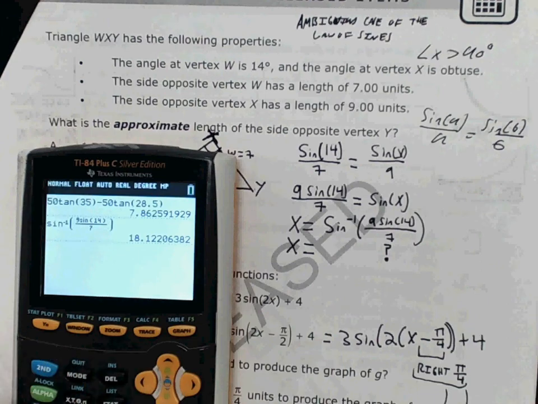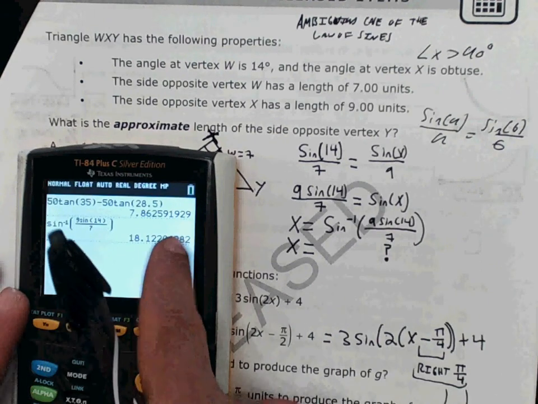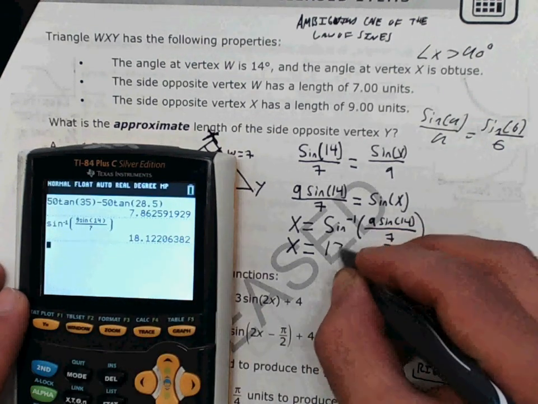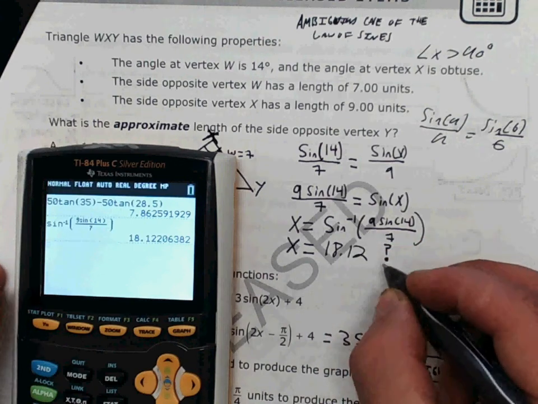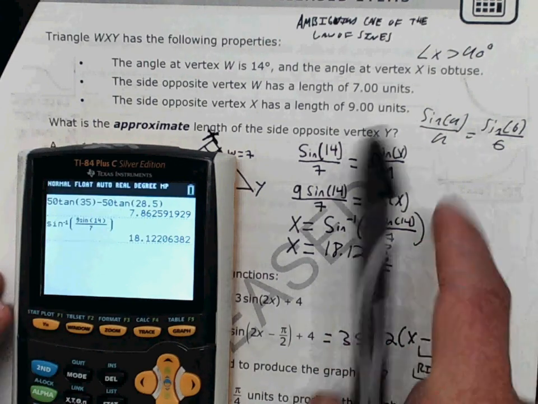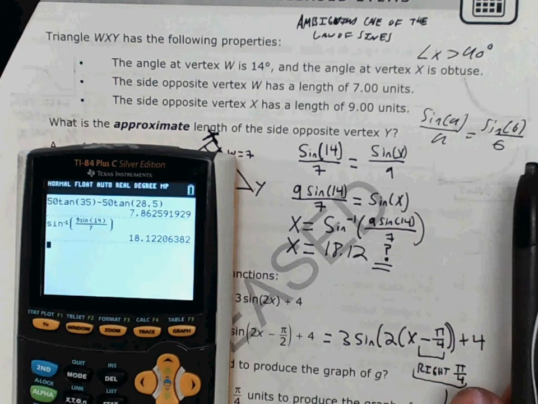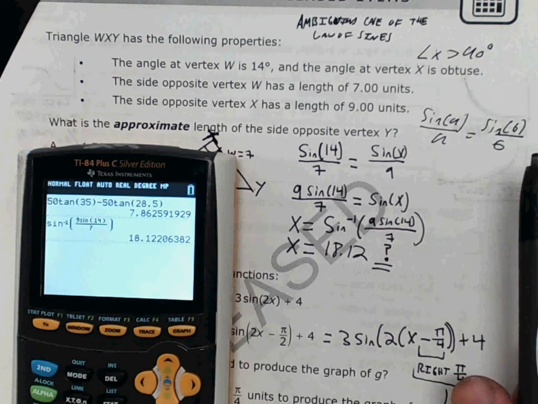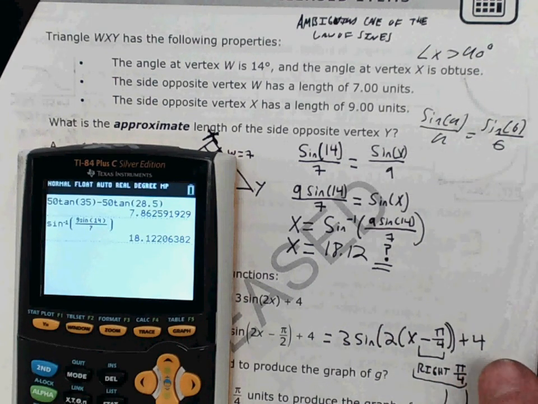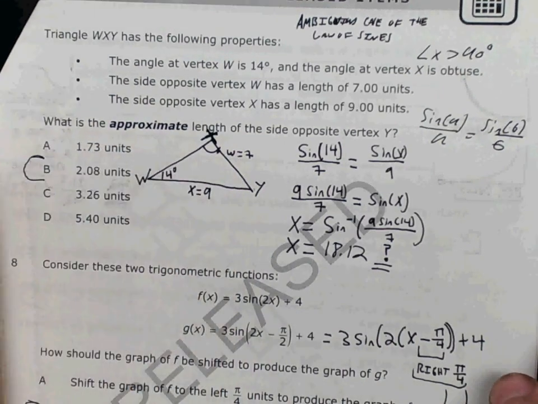So it says angle X should be, using the law of sines, 18.12, right? Question mark? Wrong. Angle X is obtuse. Angle X is greater than 90 degrees. So what's the deal? What's the case?